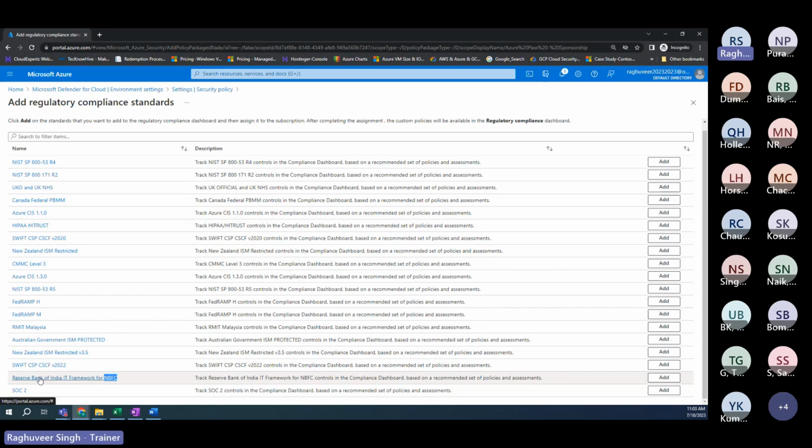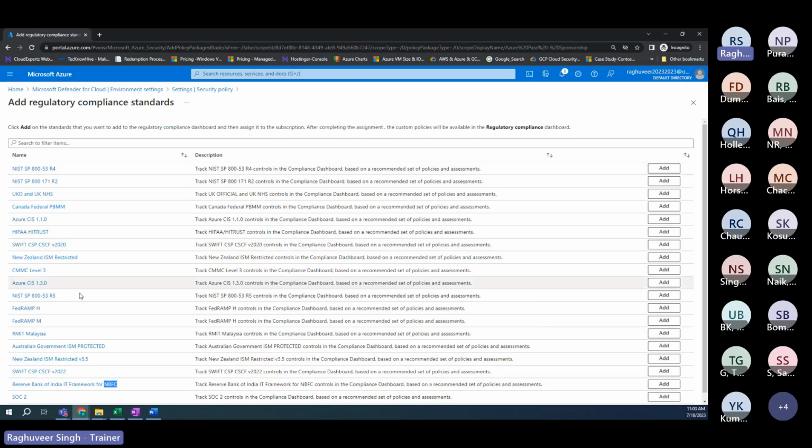So if you are interested in this, you can also enable it. My participants from Australia, if you are interested in this compliance, Australian government ISM protected, you can also enable it. And once you enable this compliance, then you will see the appropriate controls which are part of it, what exactly those controls are all about, and how you provision resources in Azure so that they comply with those controls.